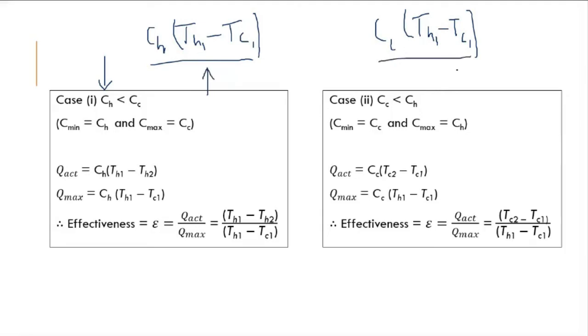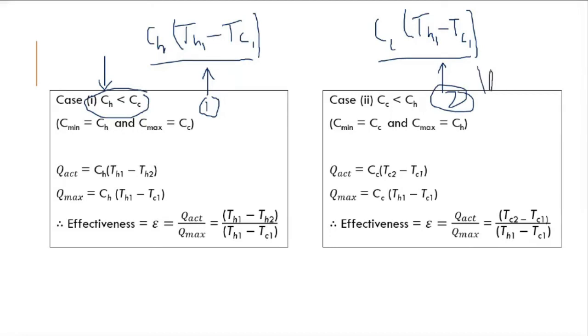This is representing maximum heat which can be gained by the cold body. Now for the first case, when CH is less than CC, which value will be higher? The first one or the second one? Second one will be higher.